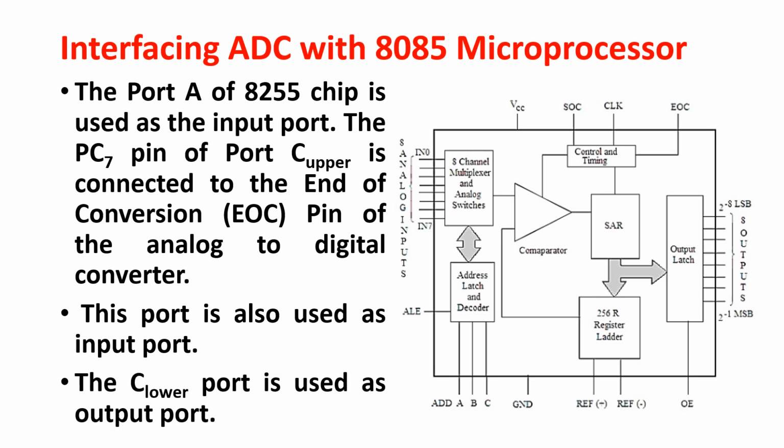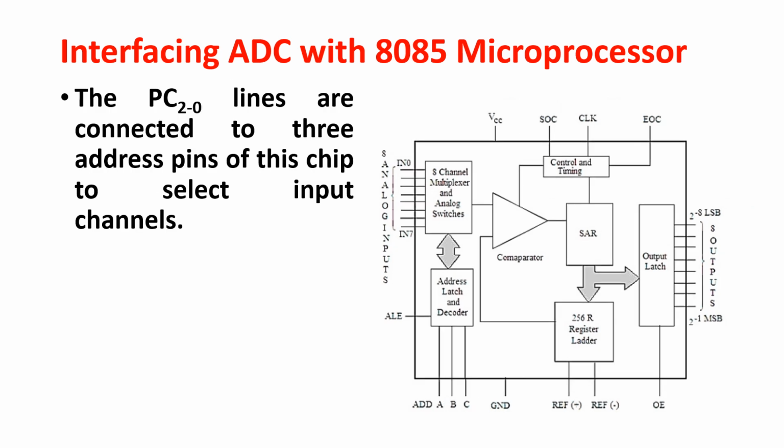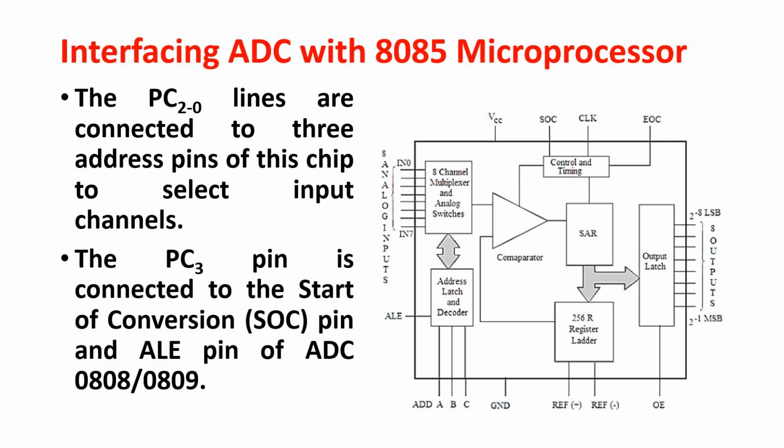The port C lower is used as output port. The PC2 to PC0 lines are connected to the 3 address pins of this chip to select input channels. The PC3 pin is connected to the start of conversion pin and ALE pin of ADC 0808 or 0809.